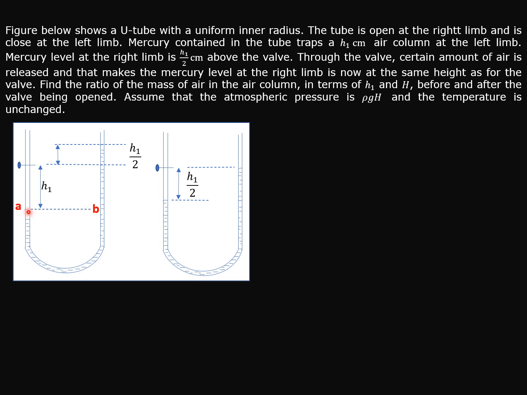The pressure acting on A downwards comes from the pressure of the air in the air column, and the pressure acting on B downwards is due to the atmospheric pressure and the pressure due to the mercury column with the length H1 over 2 cm plus the mercury pressure with the length of H1 cm.